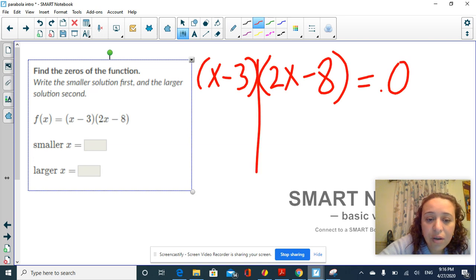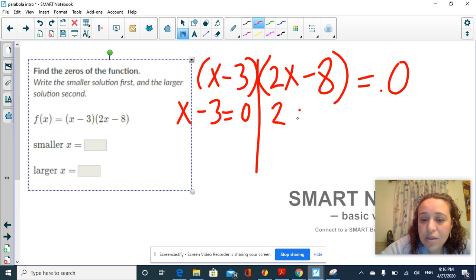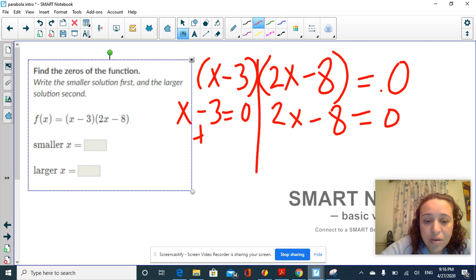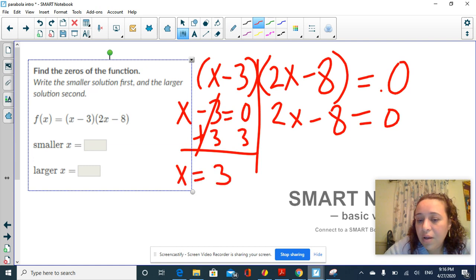Now divide. You have x minus 3 equals 0 and 2x minus 8 equals 0. Solve these two linear equations. Add 3. X equals 3. Add 8, the inverse of subtraction.